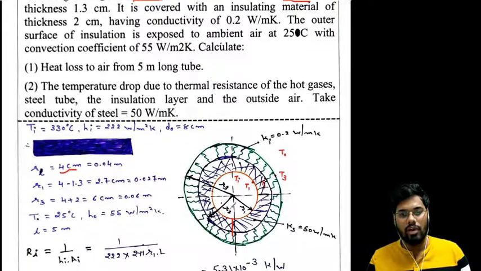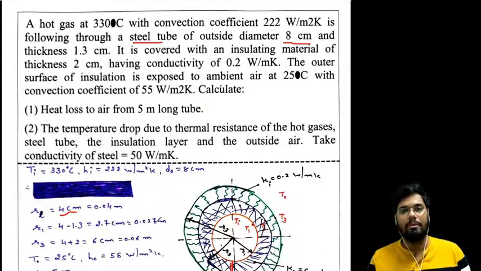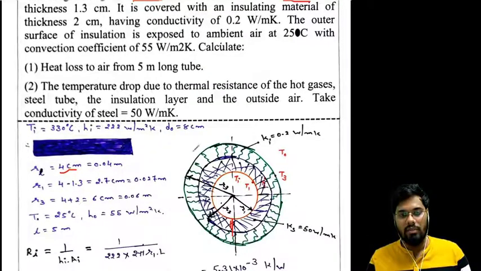To find the value of R1, we calculate R1 equal to R2 minus the thickness. So R1 would be 4 minus 1.3, which is 2.7 centimeter, so that's 0.027 meter. It is covered with insulating material of thickness 2 centimeter. Here we can see there is one more insulation layer on this steel tube.